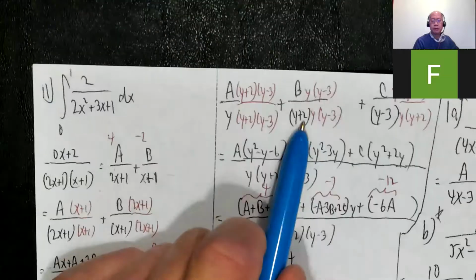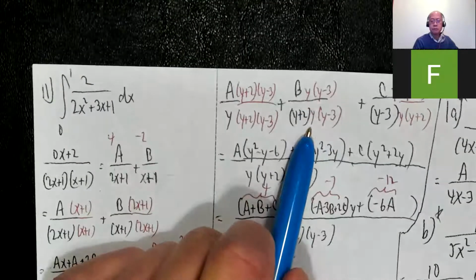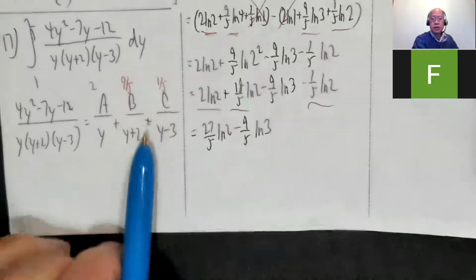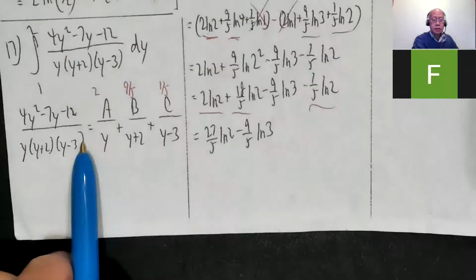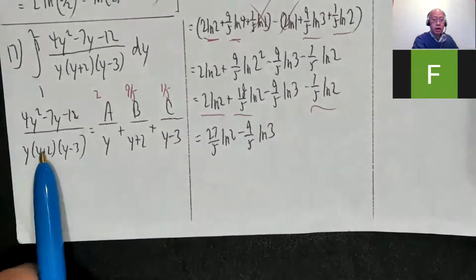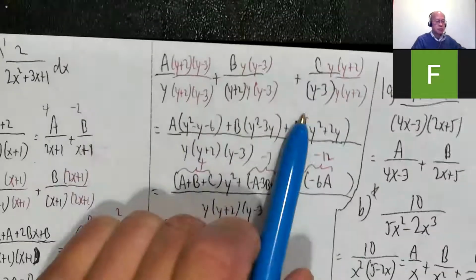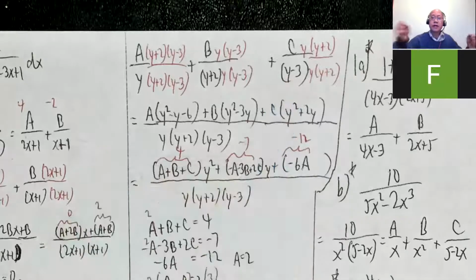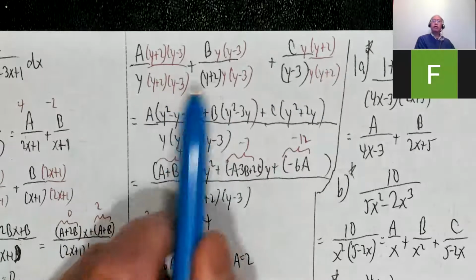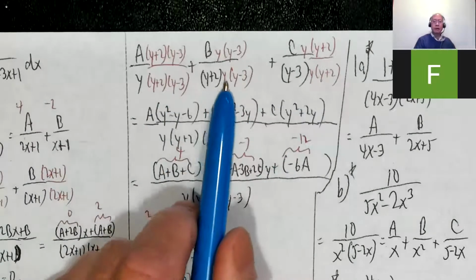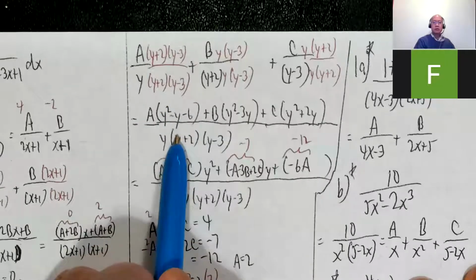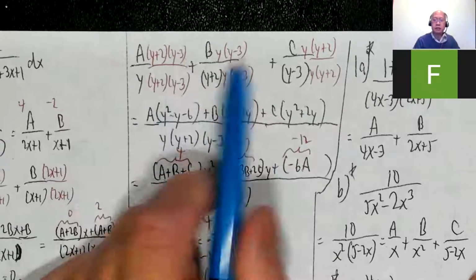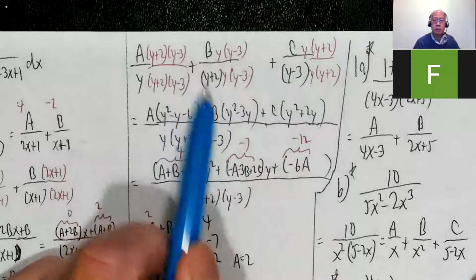And of course, whatever you do in the bottom, do the same thing on top. And c over y minus 3 needs y times y plus 2, y times y plus 2, right? That's in order for me to get my common denominator. So now all 3 of these fractions have the same denominator, right? Y, y plus 2, y minus 3. And then, and only then, am I allowed to combine the numerator.